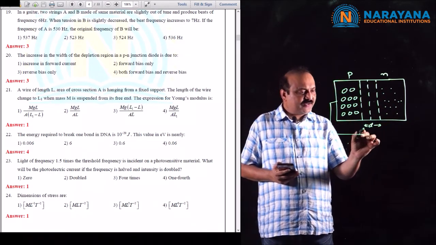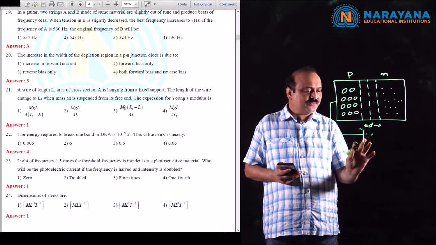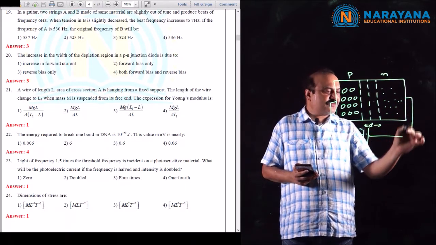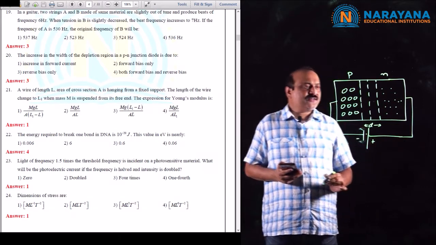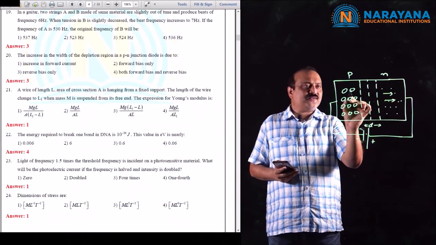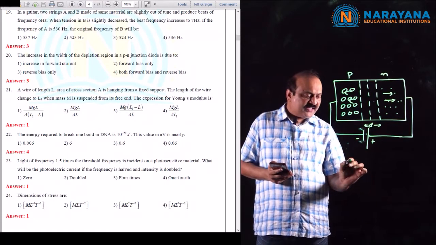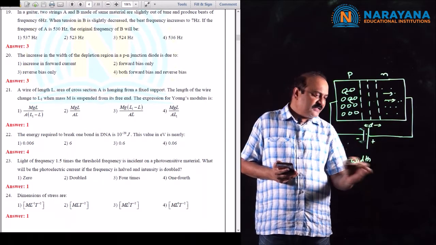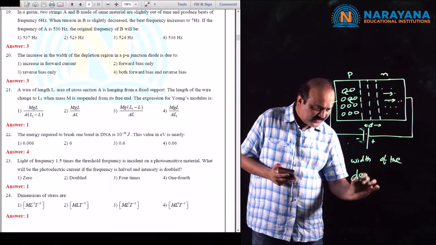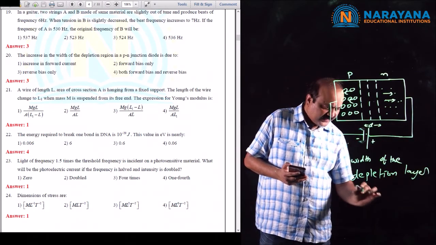When this PN junction diode is connected in reverse bias, that is P-type semiconductor is connected to the negative potential and N-type semiconductor is connected to the positive potential, electrons and holes move away from the junction. In this case, the width of the depletion layer increases.